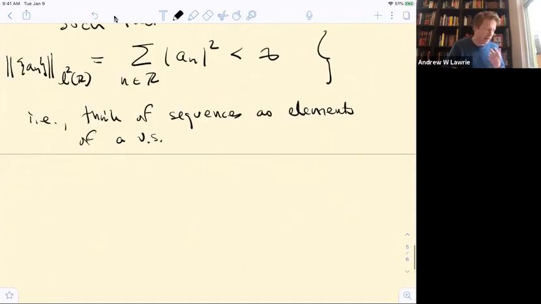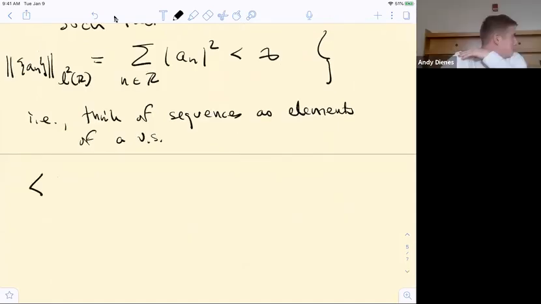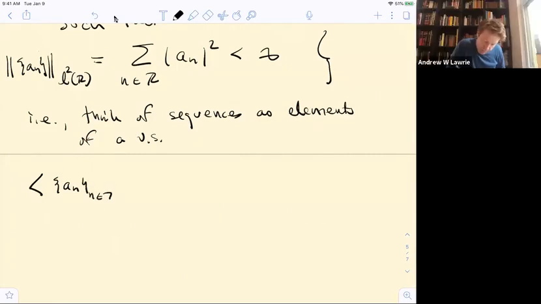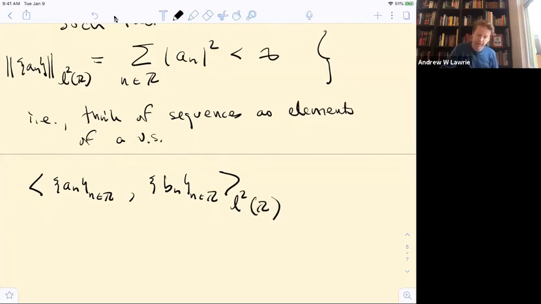Okay, so what I said is an inner product space. The inner product of two sequences: if I have one sequence and I inner product it with another sequence, this is defined. I'll write this as the L2 of Z inner product, defined to be the sum of a_n times b_n bar.